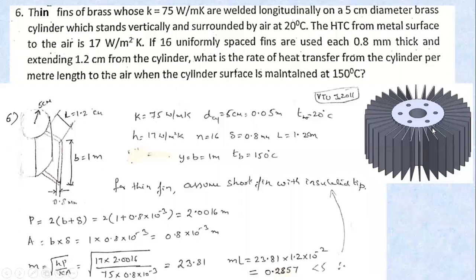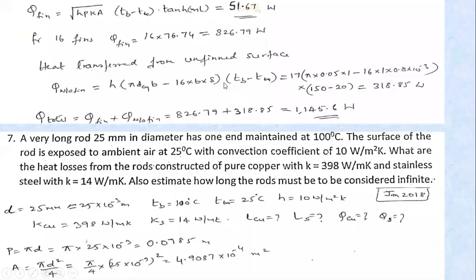So the cylindrical circumference multiplied by breadth gives the area of this base body, minus breadth into thickness of 16 fins. Then multiply this by h into delta T. Delta T is the base temperature minus the atmospheric temperature. This gives the heat lost from the unfinned surface.